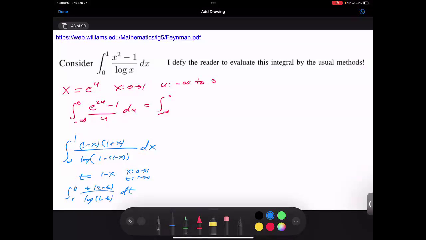Again, your first thought whenever you see an integral should be, is this well defined? I can use the log of 1 minus t is negative t minus t squared over 2 minus t cubed over 3 minus dot dot dot to show me that near t equals 0, everything is fine.